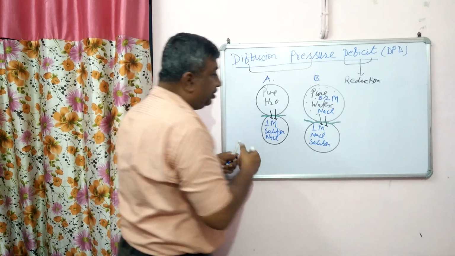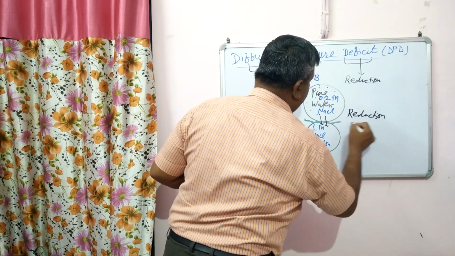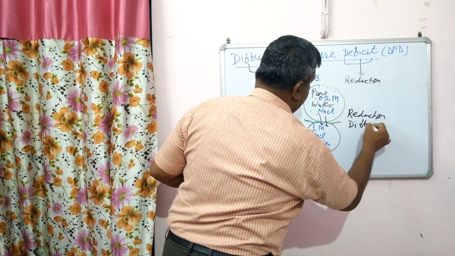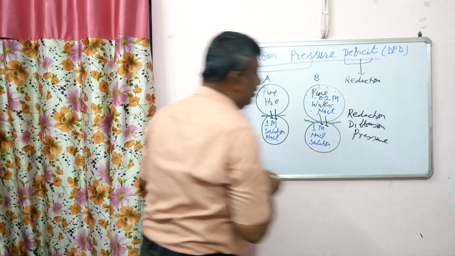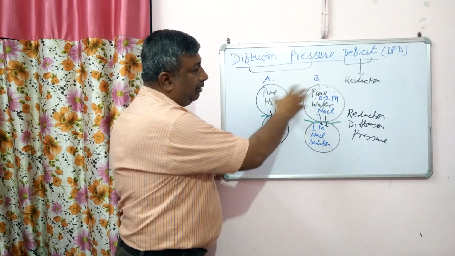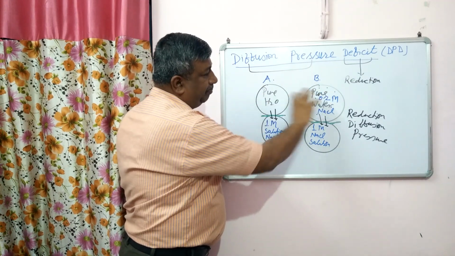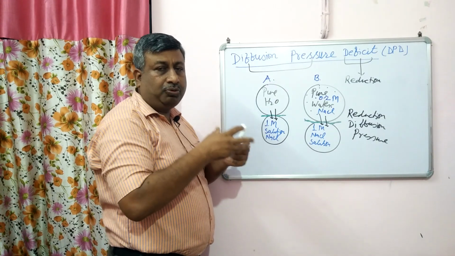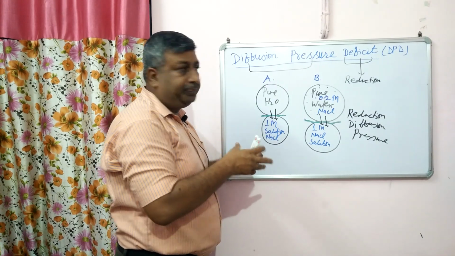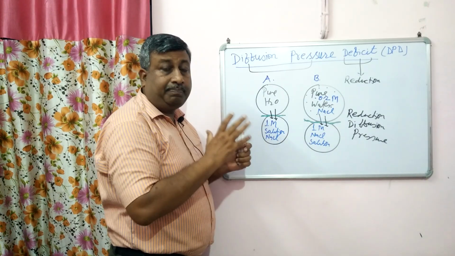So there is a reduction in diffusion pressure because some salts are present which restrict the free movement of water. तो अगर हम दोनों प्योर कंडीशन सेम है और इसमें हम कुछ साल्ट मिला दें तो इसके कंपेरिजन में इसका डिफ्यूजन प्रेशर कम हो जाएगा क्योंकि इसमें साल्ट और साल्ट वाटर के साथ इंटरेक्शन शो करेंगे, उसके फ्री मूवमेंट को कम कर देंगे। तो यहाँ डिफ्यूजन प्रेशर कम हो गया and this is known as diffusion pressure deficit.